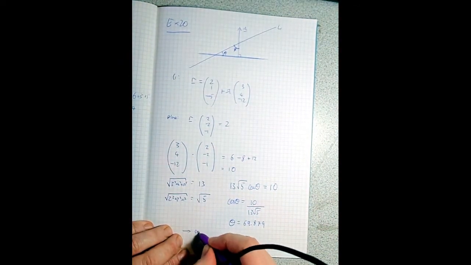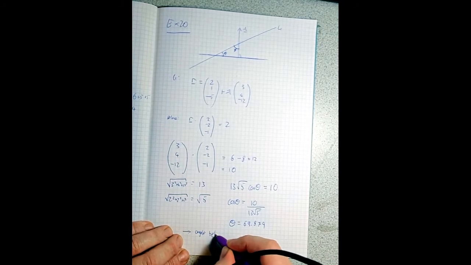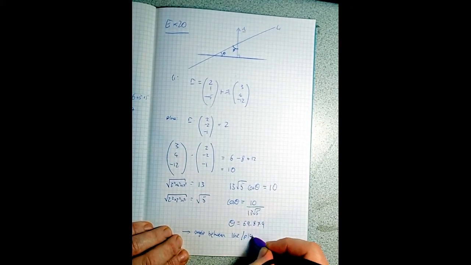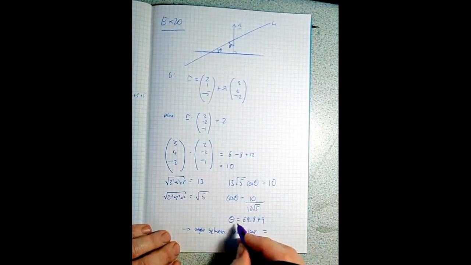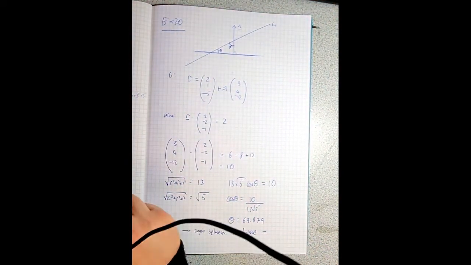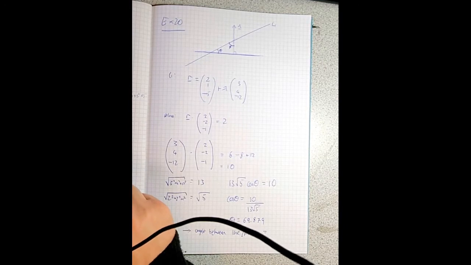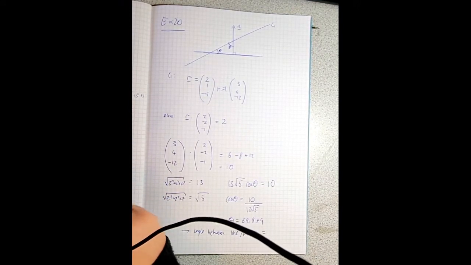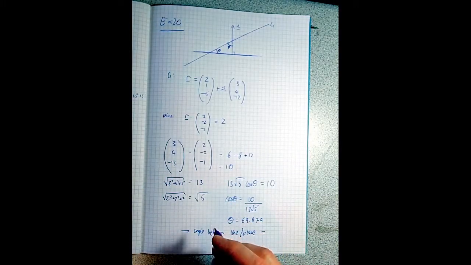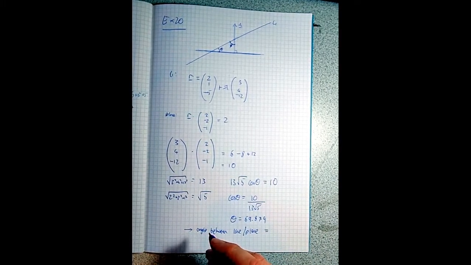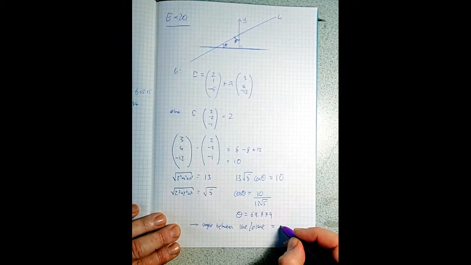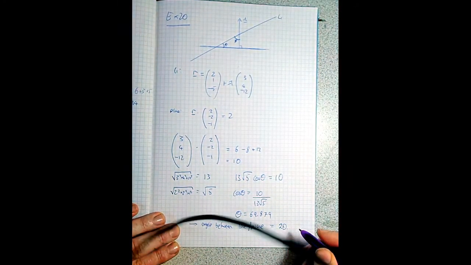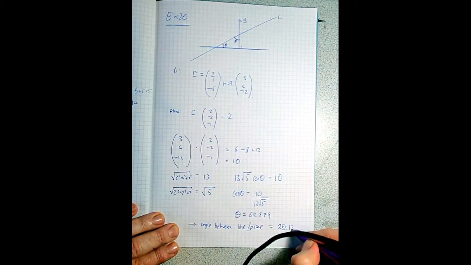So the angle between the line and the plane is, take that away from 90, .12.